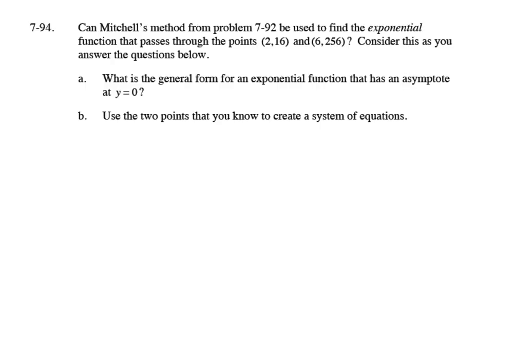And we all know the exponential function is y equals a times b to the x. And we know in this situation, a is our starting value and b is our multiplier.